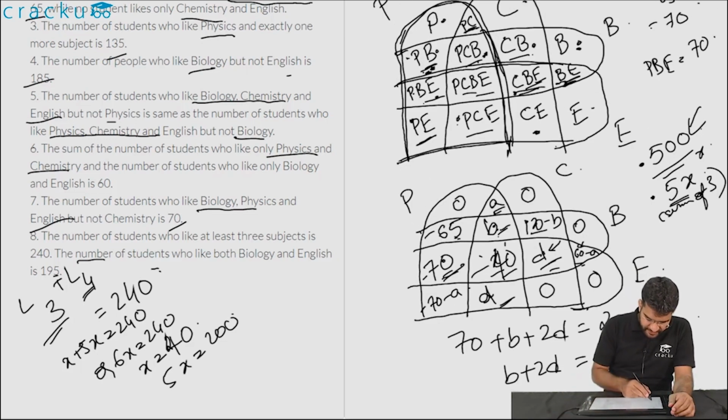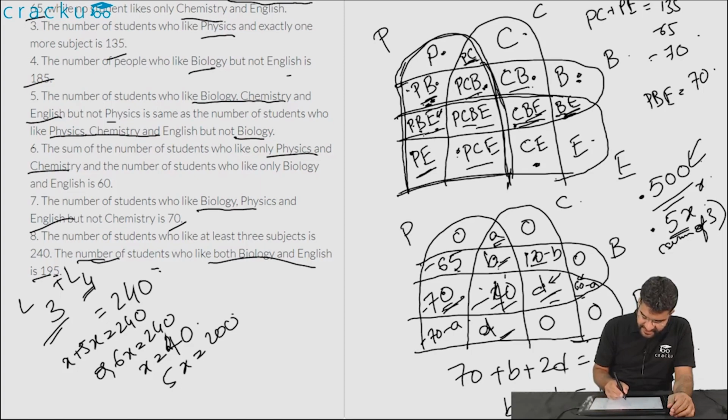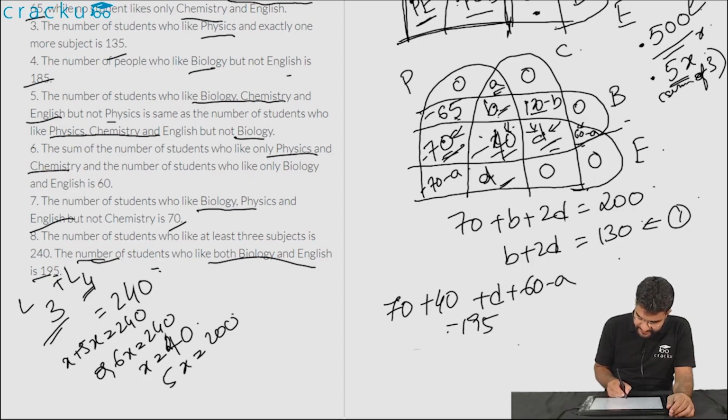It is also given that the number of students who like both biology and English is 195. So the sum of the intersection of biology and English sets will be 195. So the 4 regions which are part of that are PBE plus PCBE plus CBE plus BE, that is 70 plus 40 plus D plus 60 minus A, which will equal 195.